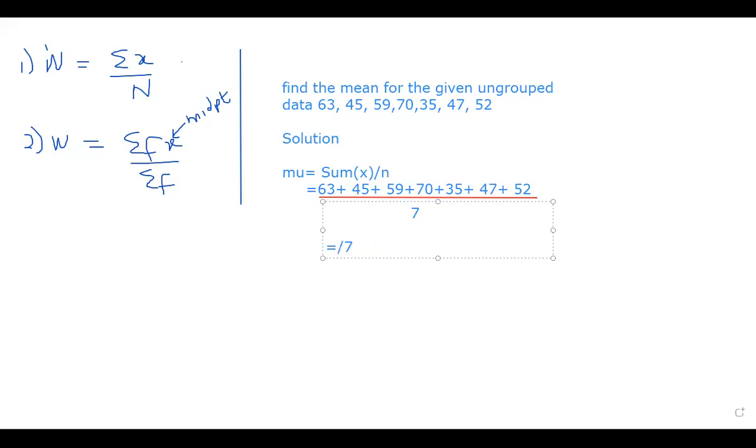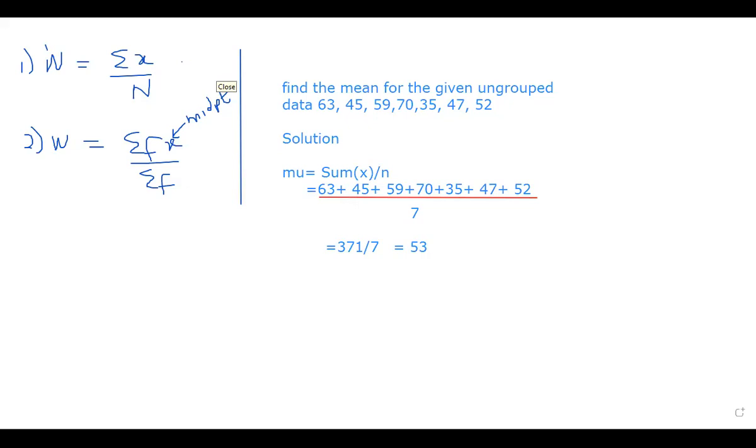That will be 371. Thank you. And 371 divided by 7 will be 53. So our mean here is 53. I think it's very easy to find our arithmetic mean.